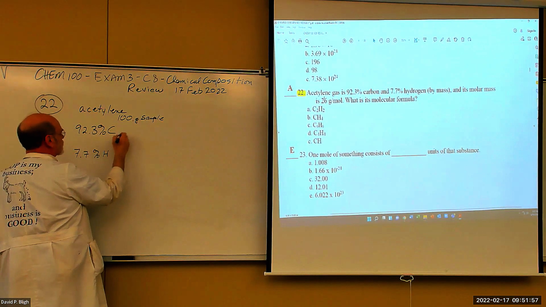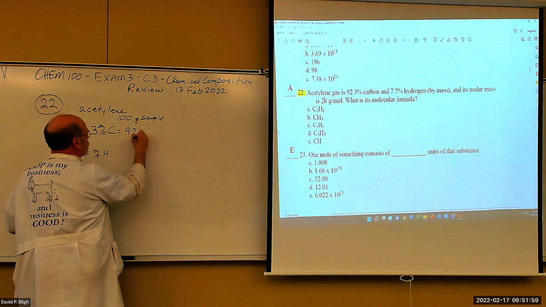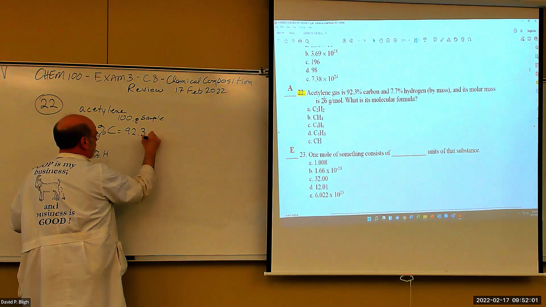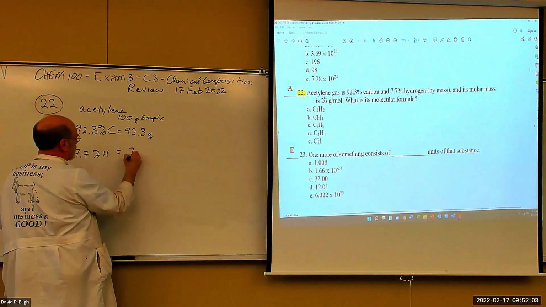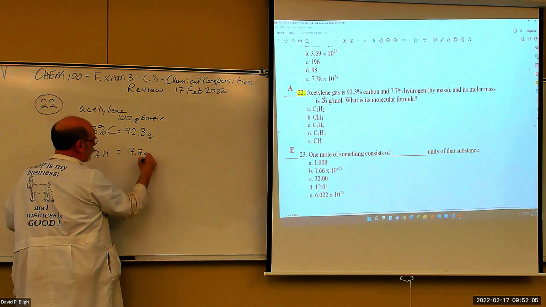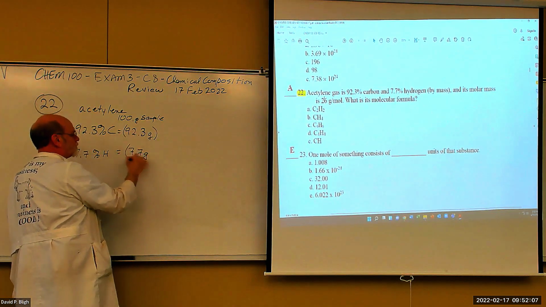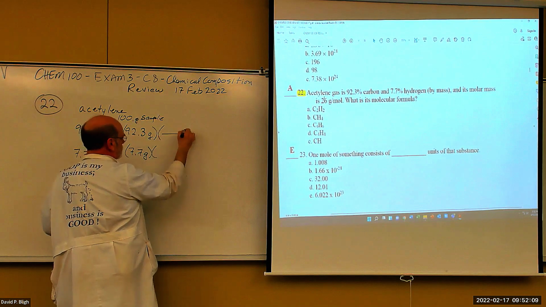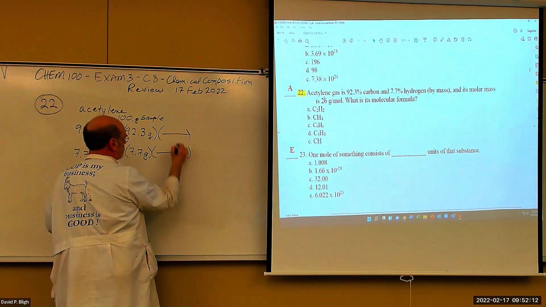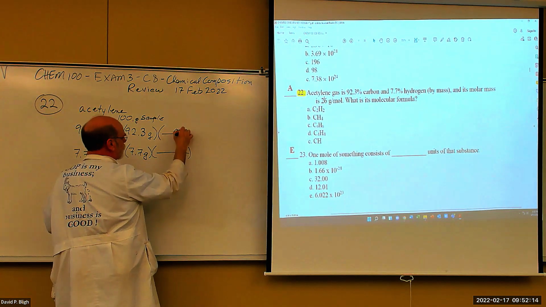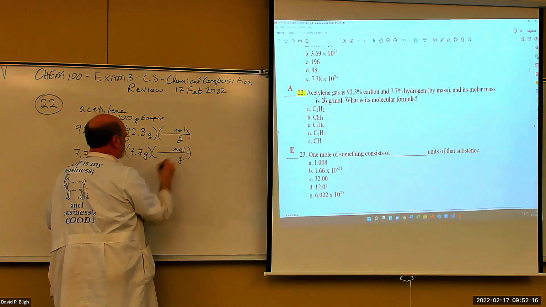Now we can say 92.3 grams of carbon and 7.7 grams of hydrogen. Now we can convert to numbers. Get rid of the grams, leave you with moles. There we go.